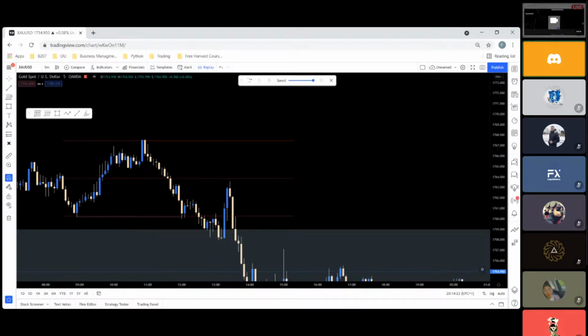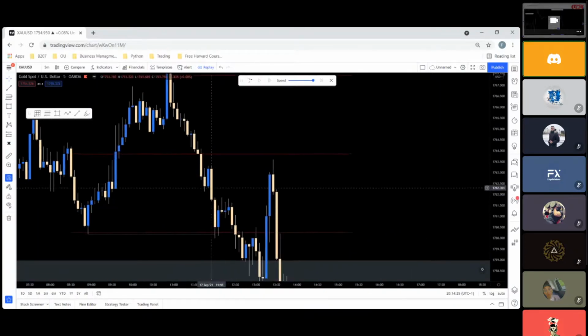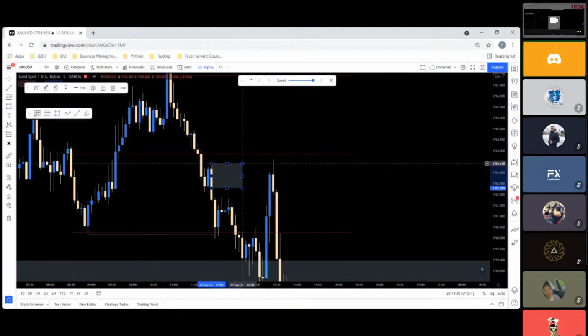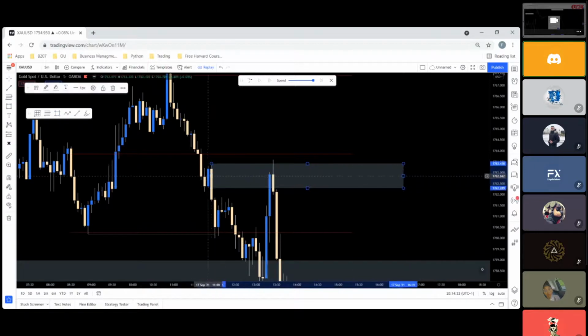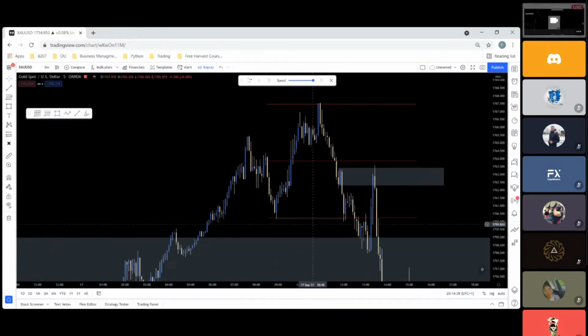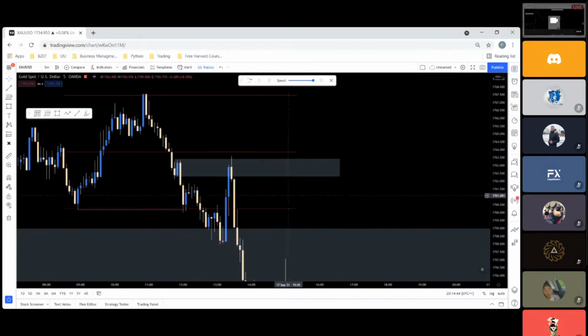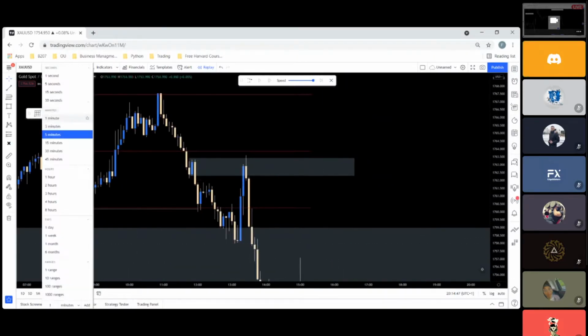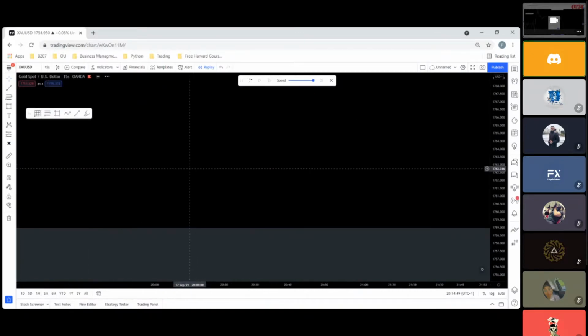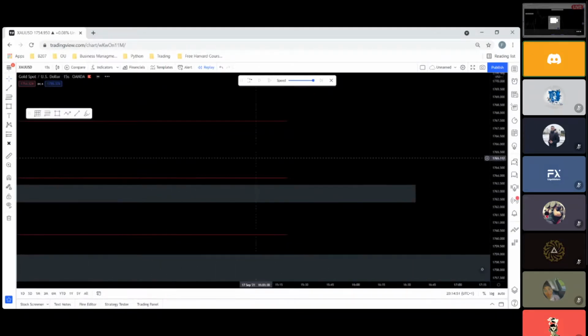So I saw this supply zone here, and I liked it enough to consider looking for a Wyckoff schematic, because you had no mitigation yet. Price is obviously coming to the downside, with tons of liquidity here that could easily be run. So I got in.